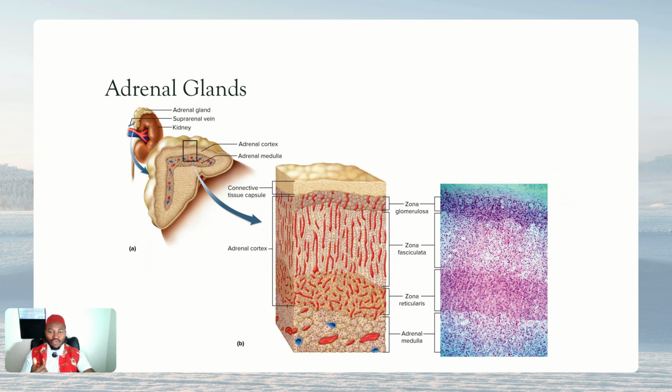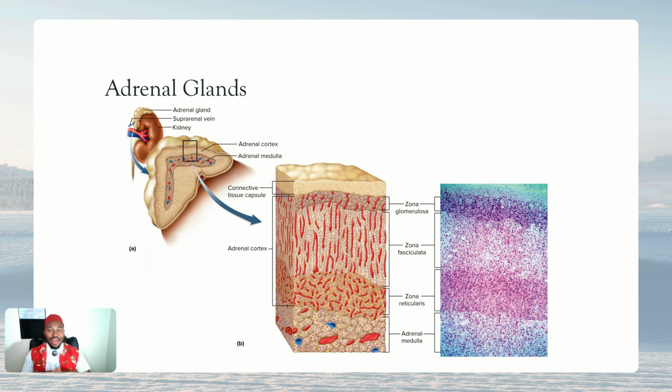The glomerulosa produces the mineralocorticoids, which help to regulate the body's electrolyte balance, the minerals in the body. That's mineralocorticoids. The middle one is the fasciculata. It secretes glucocorticoids and androgens, while the reticularis also produces glucocorticoids and the sex steroids. Very important for you to know which produces which.